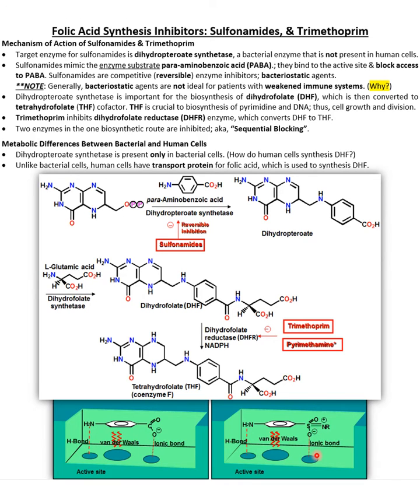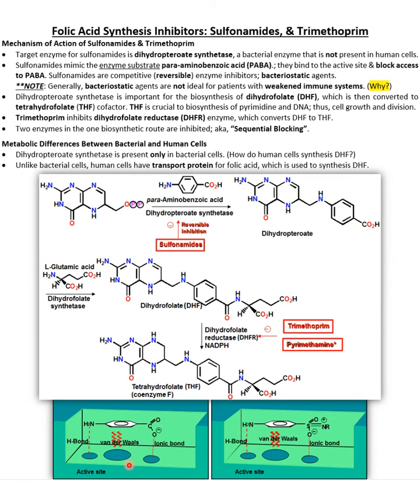So by mimicking this molecule, it binds to the receptor and blocks the binding of para-aminobenzoic acid, preventing the synthesis of this molecule, which ends up affecting the final step of synthesizing tetrahydrofolate.